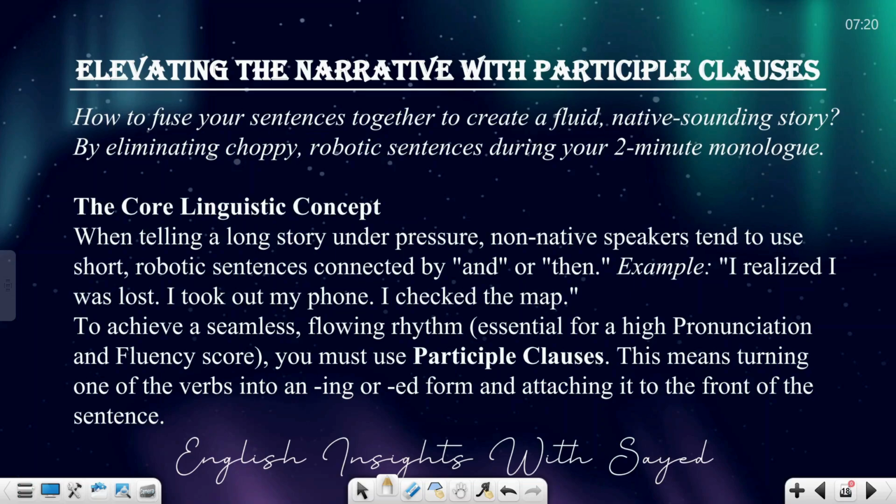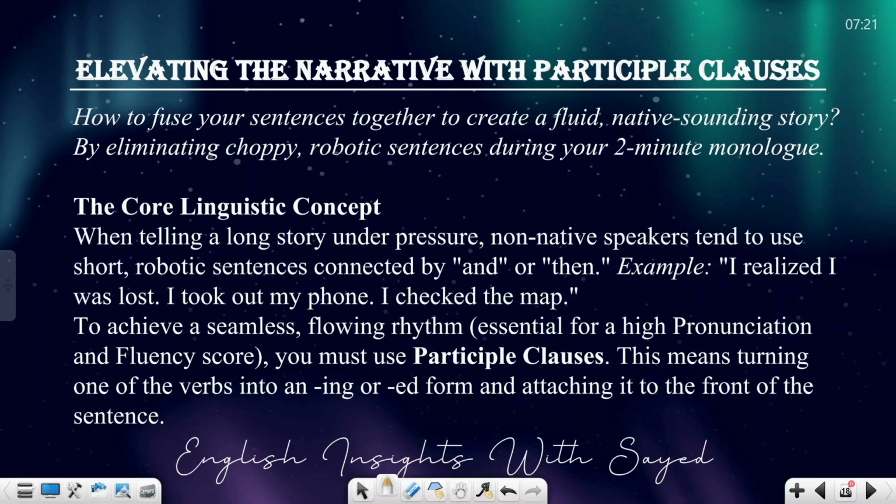To achieve a seamless flowing rhythm, essential for a high pronunciation and fluency score, you must use participle clauses. This means turning one of the verbs into an -ing or -ed form and attaching it to the front of the sentence. We have discussed this in the grammar classes, how to make participle phrases from complex sentences to simple sentences, right?